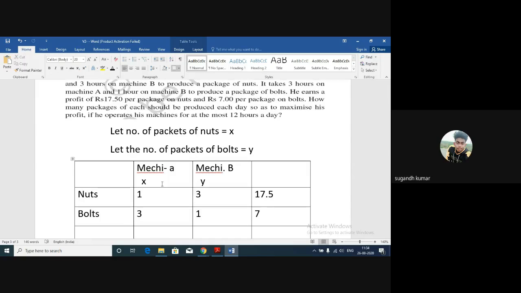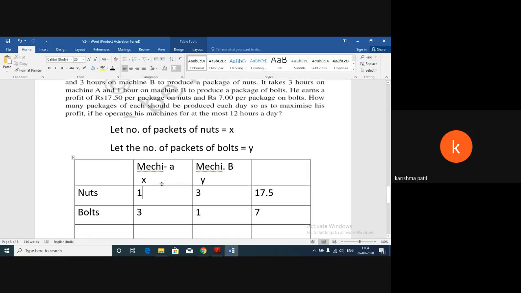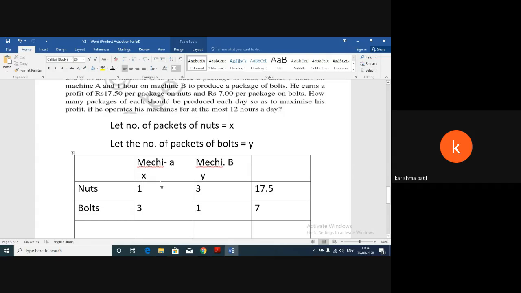Sir, if the hour time is given but we are not given the number of packets in 1 hour, how many packets are completed? That's what we have to find. How many packets of each should be produced each day? In one day, how many packets of nuts and how many packets of bolts you have to produce within 12 hours.